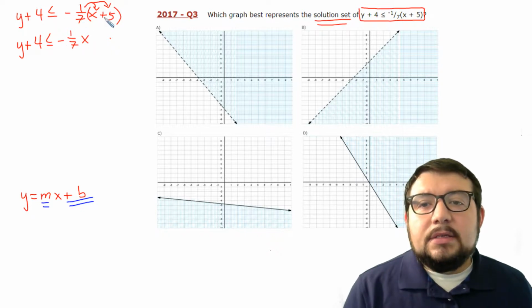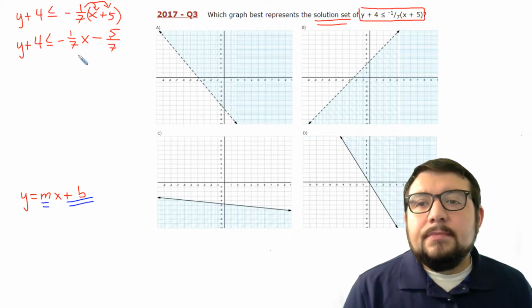This is negative and this is positive, so that makes a negative. And 1 times 5 is 5, and the 7 just stays on the bottom. Okay, so now here I have my inequality without parentheses. So all I had to do was distribute that.